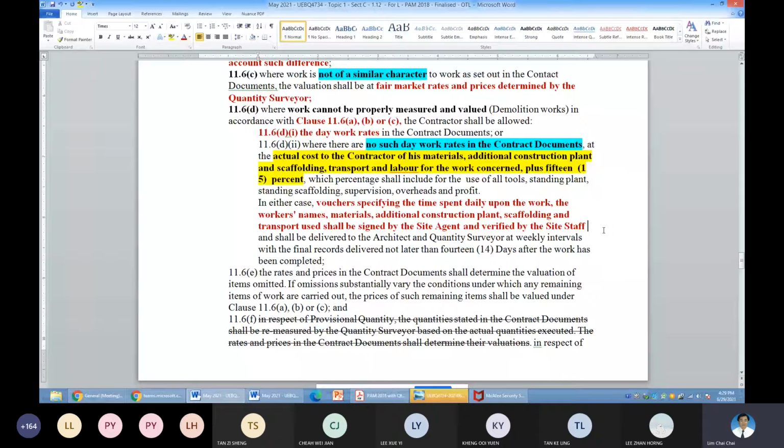You cannot say, I think this figure is wrong. No such thing as I think. You better certify accordingly. If you are not sure or something is not correct, you better get it back to the site staff and the site agent to countersign and to change the figure.